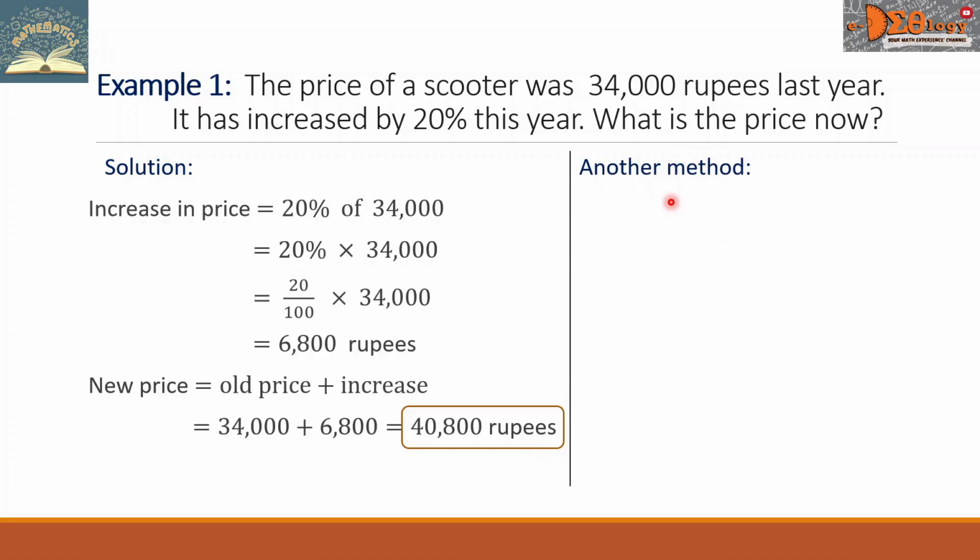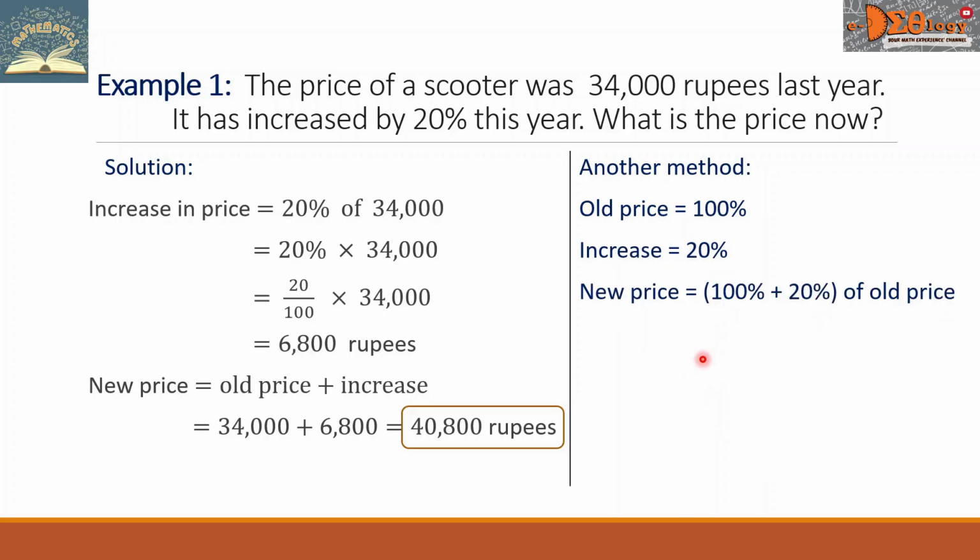There is another method where the old price is considered to be 100% and in the problem the increase is 20%. Now for the new price, this is equal to the sum of 100% plus 20% of the old price. So we have here 120% of 34,000 rupees.